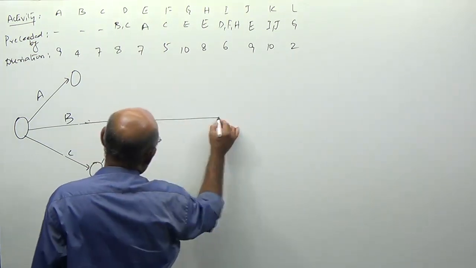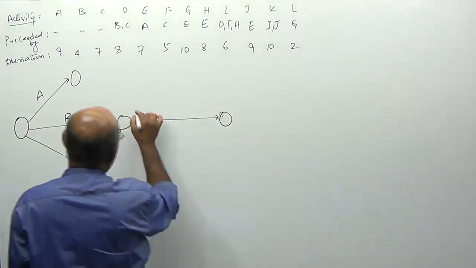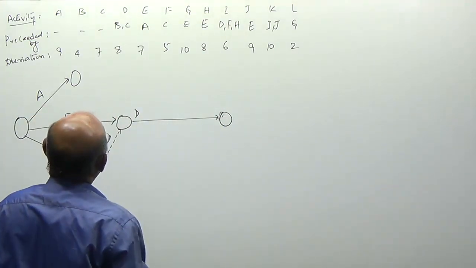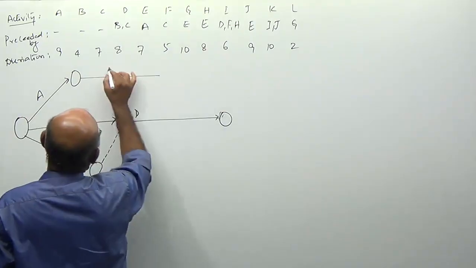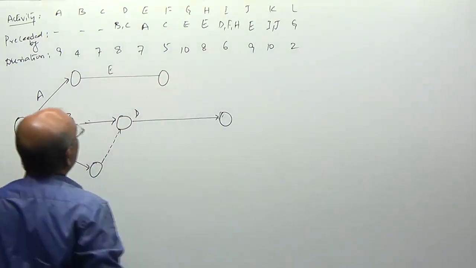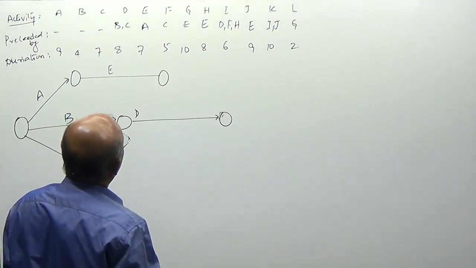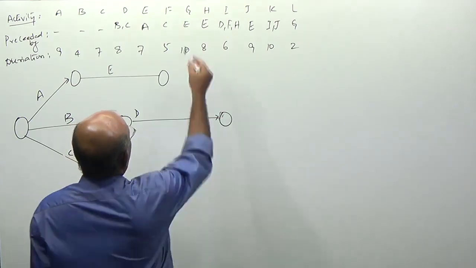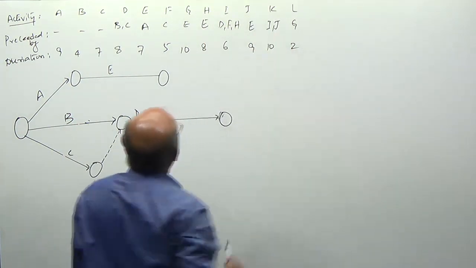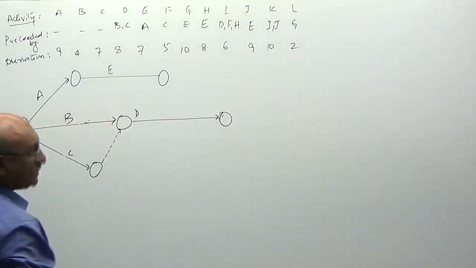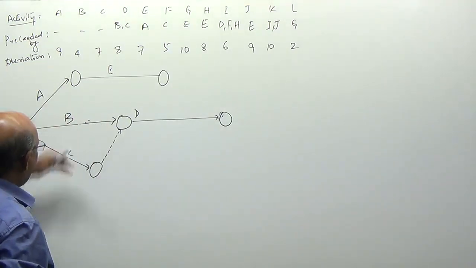Activity D is coming. This is activity D. As and when activity A is over, you can start activity E. I'll do one thing: I'll take activity C in the place of A and A here.